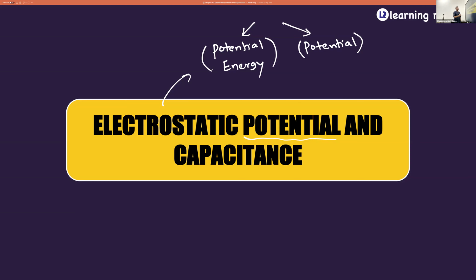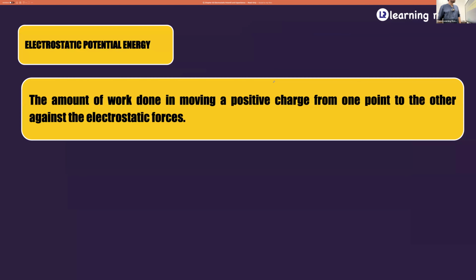Okay. So here, when you talk about electrostatic potential energy, what comes to your mind? So when you talk about this electrostatic potential energy, what does it speak about? What does this word energy speak about? Whenever you see the word energy, it refers to work done.